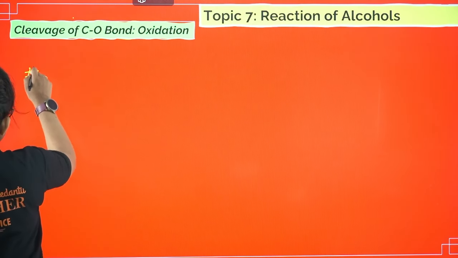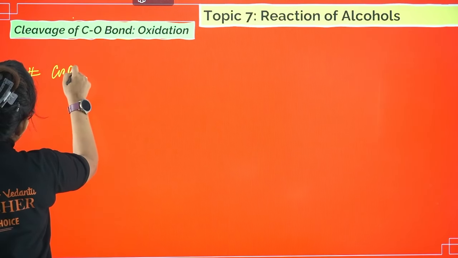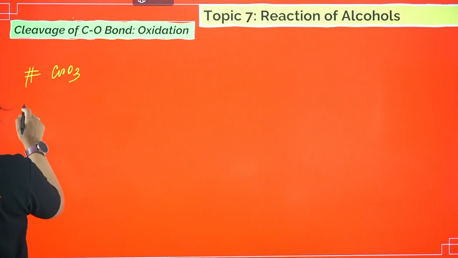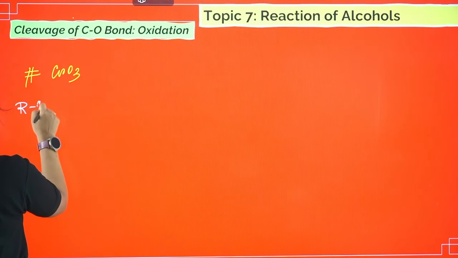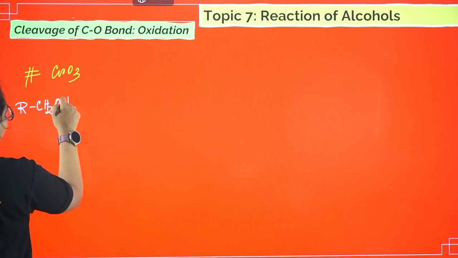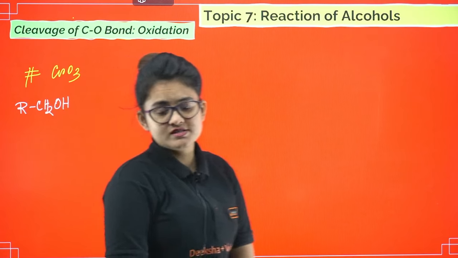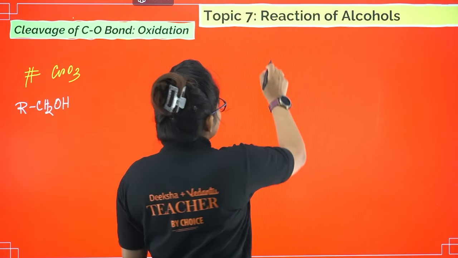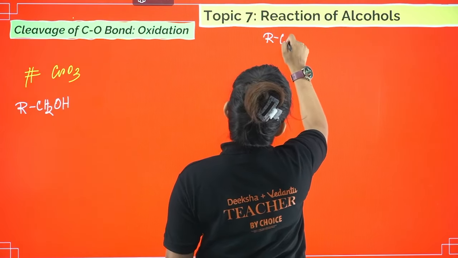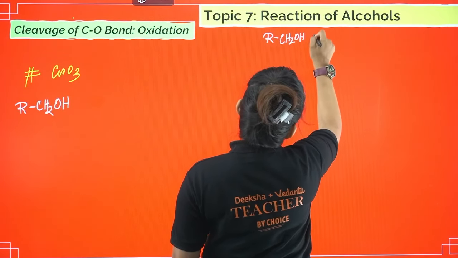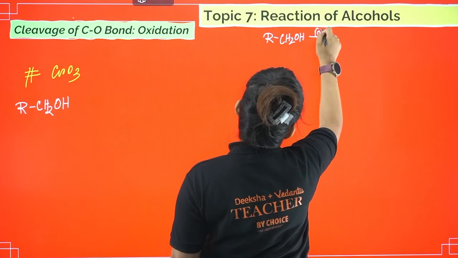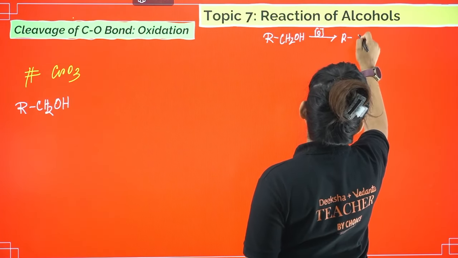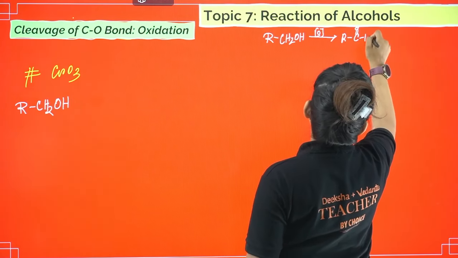First we will study CrO3. Under CrO3, what can we proceed with? We can give, let's say, RCH2OH. One thing before proceeding with the oxidation, the general trend of oxidation. If you have RCH2OH and do one step oxidation, you will end up with an aldehyde.